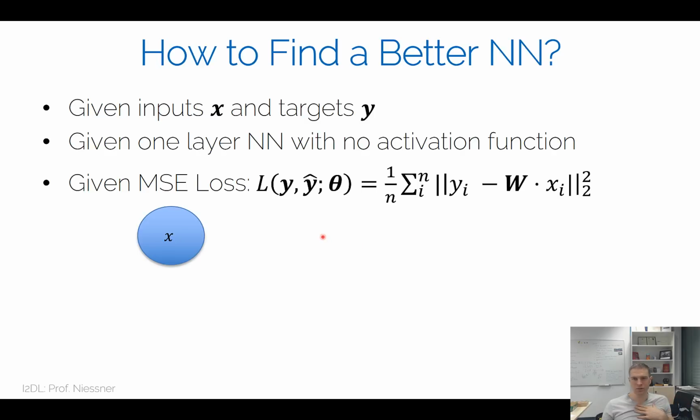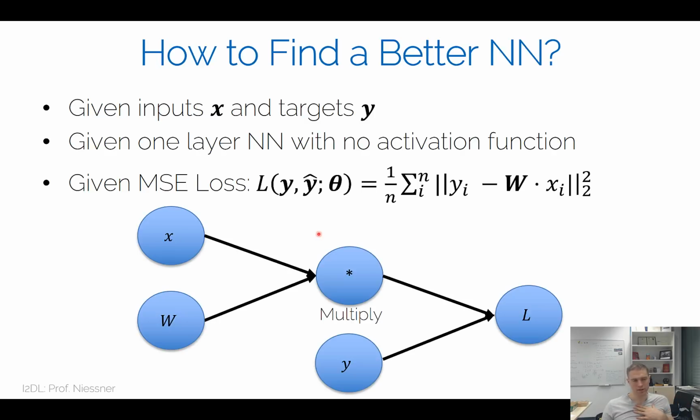Now we can fit this into our compute graph. We have x, we have w, and our compute node is doing x times w. It's computing an output value. We have y as our target, and we have our loss function that computes some sort of difference. Now we're going to compute gradients with respect to this compute graph, so we're going to have some gradient flow back.